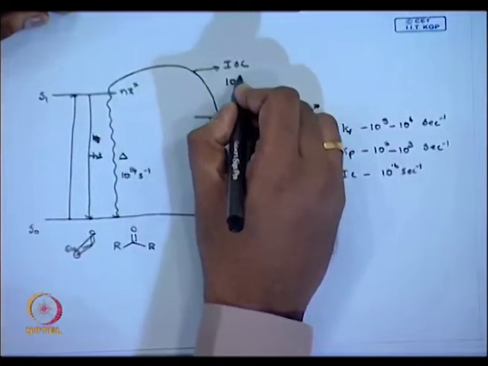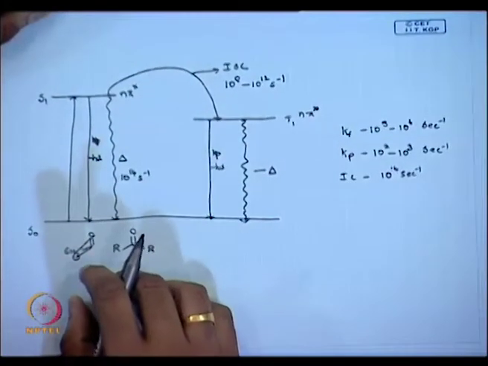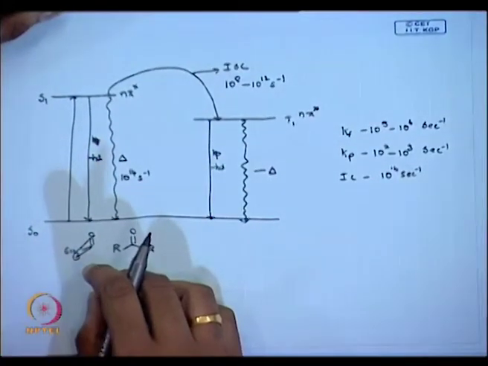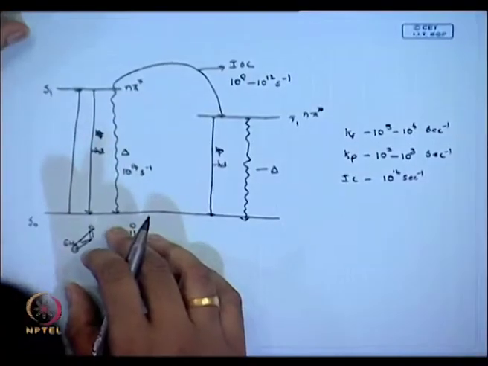It should be faster. So, it does like 10 to the power of 8 to 10 to the power of 12 second inverse. That is because the energy gap between your singlet and triplet is sometimes very small, not compared to T1 to S0. For T1 to S0 the energy gap is huge, but for S1 to T1 the energy gap most of the time will be small. That is why, even though it does a spin flipping, it is fast. So, you get a rough idea now, right, how this whole process goes having the numbers, that is good.